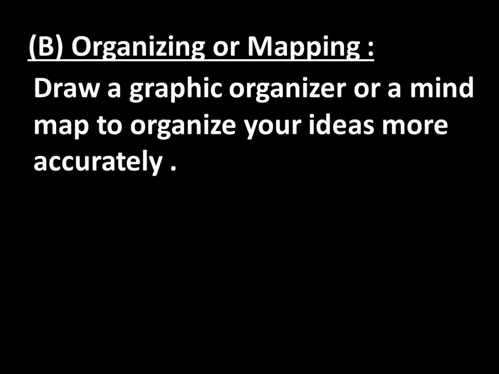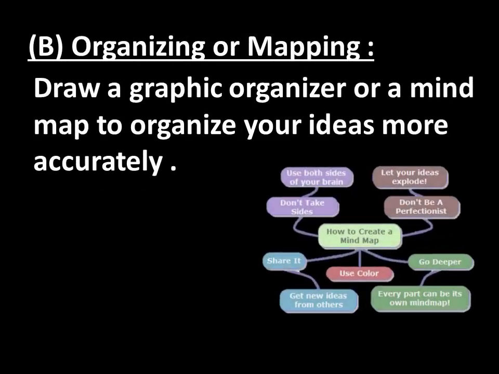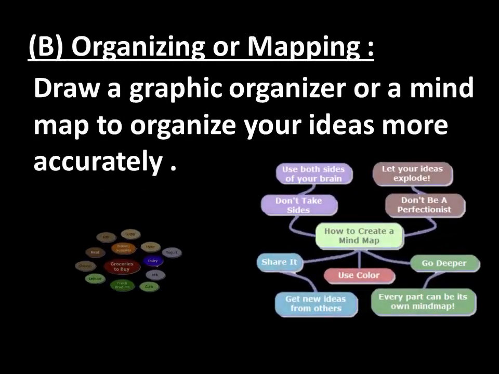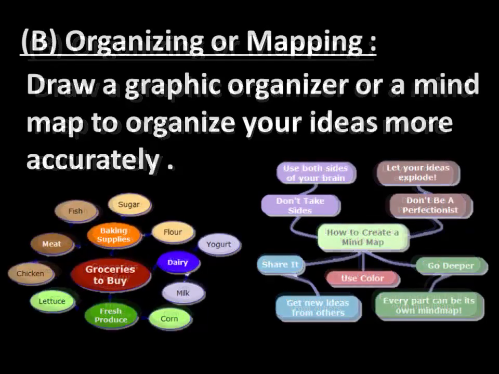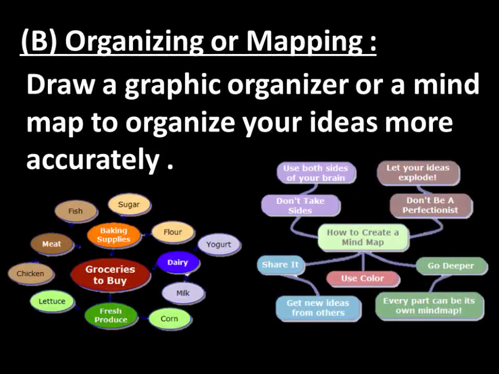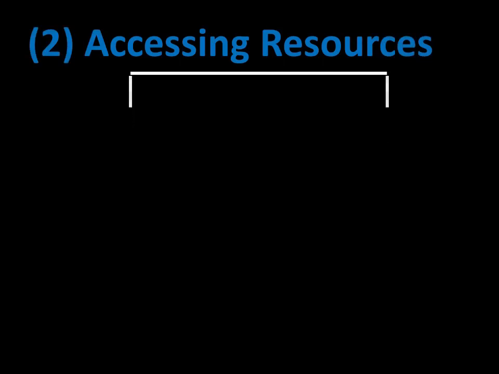The next stage or step is organizing or mapping. In this stage, you are going to draw a graphic organizer or a mind map to organize your ideas more accurately and more clearly.